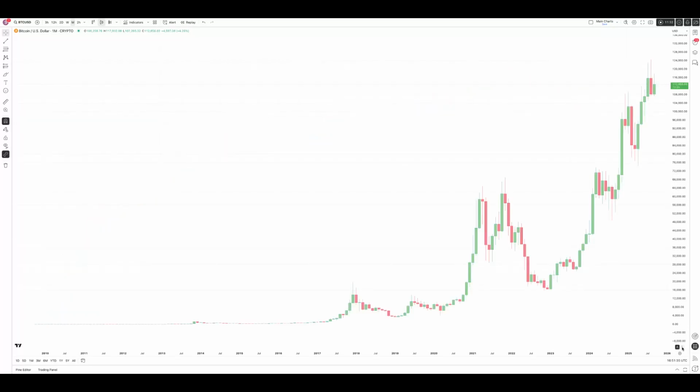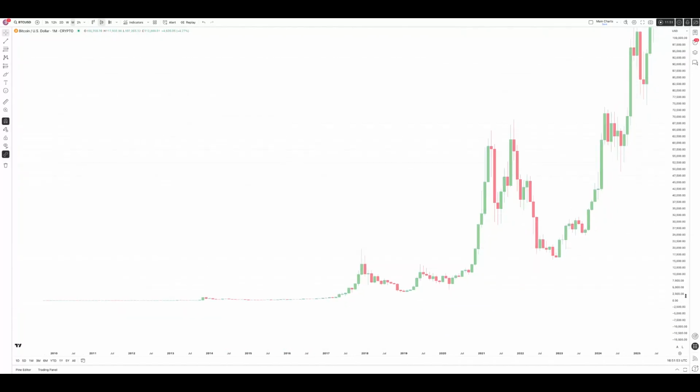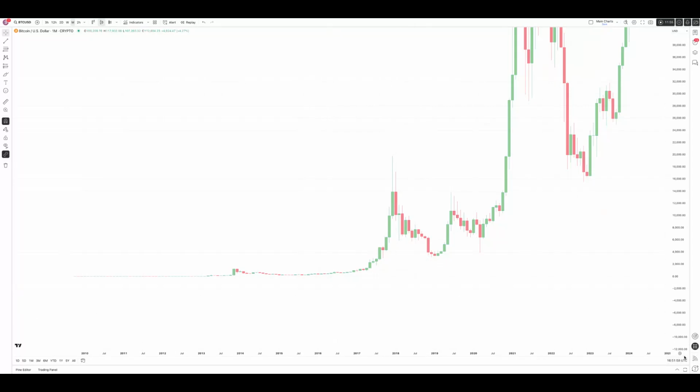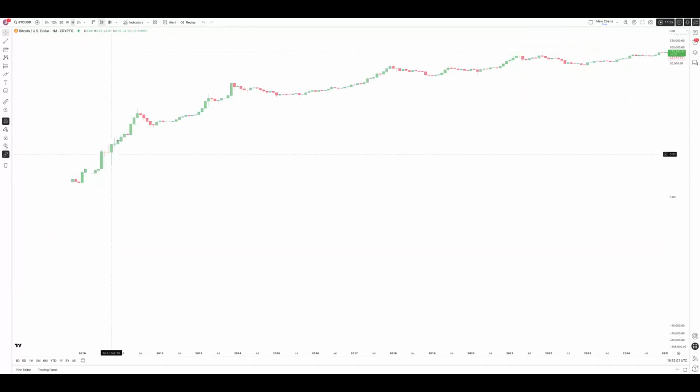If I turn off the price scale, it looks something like this. You see what happens? Look at the left side of the chart. You would think there is nothing going on here for so many years, from 2009 until 2017. What, was Bitcoin dead? No. The fluctuations were incredible even back then. So go to log scale. You see what happens. You see the history now.